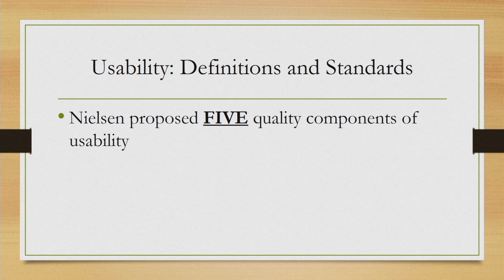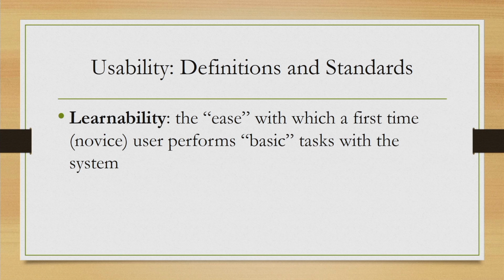Now, according to Nielsen, we can have five quality components for usability. One is learnability. It is a measure of the ease with which a first time user or a novice user performs basic tasks with the system.